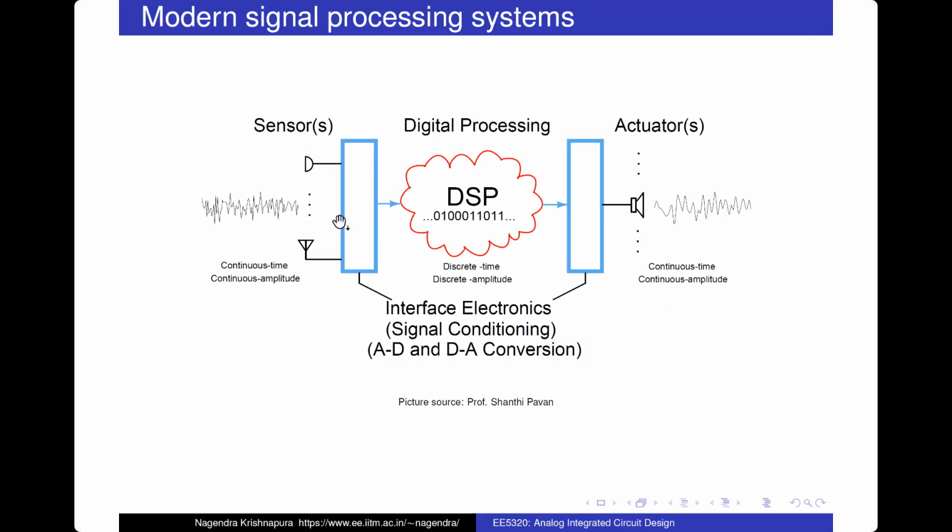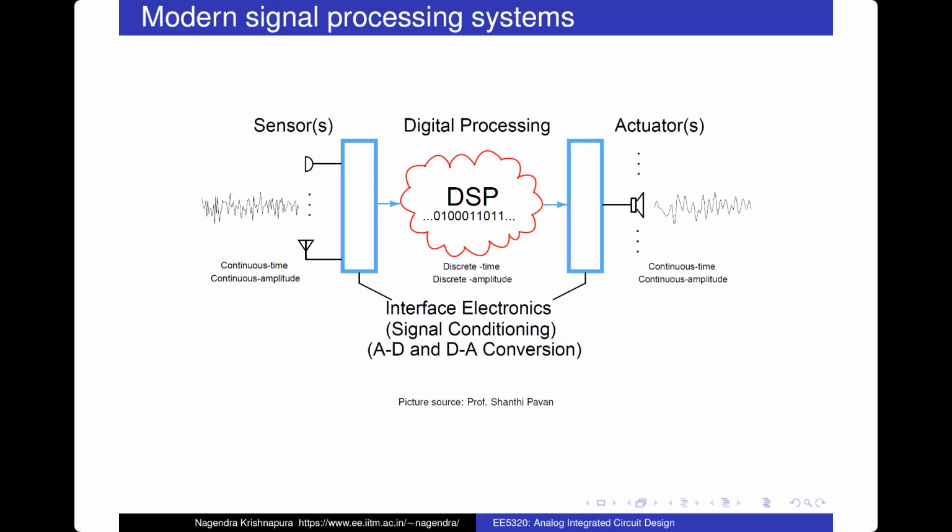So on one side you have sensors such as the microphone into which I'm speaking, or, I mean, all of you have mobiles, so you will be receiving signals at the antenna and so on. And you have to process those things. And also on the other side, again, the loudspeaker is putting out audio.